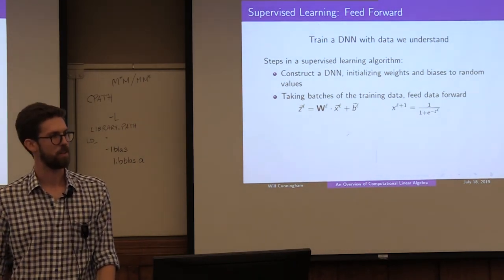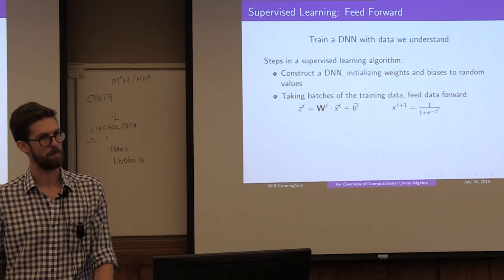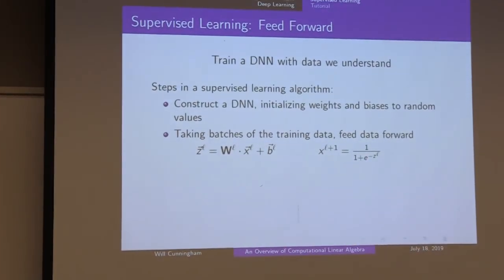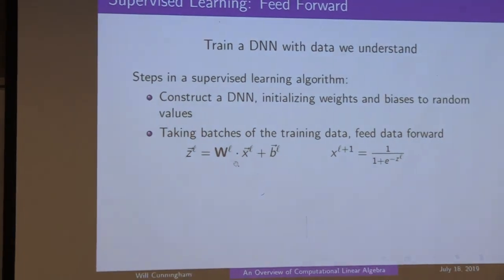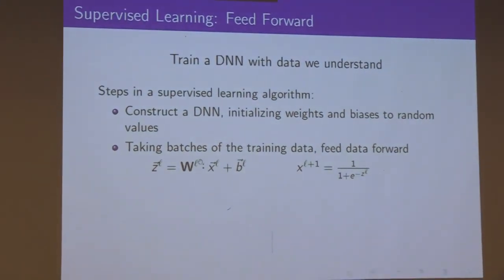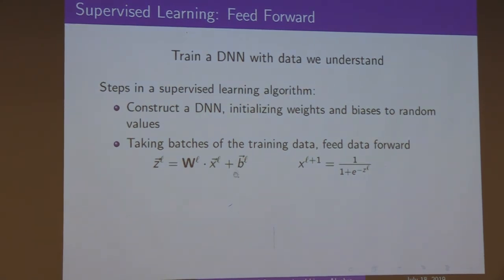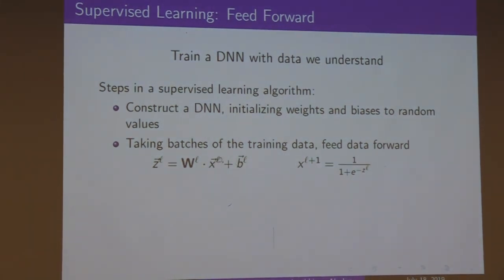So not all of the training data at once and not one at a time, but random subsets of it. You're going to feed the data forward in this matrix operation, okay? So you have your inputs, or X, your biases, and this L corresponds to the layer. You have your weights and some output Z. And Z is going to be what goes into the next layer.